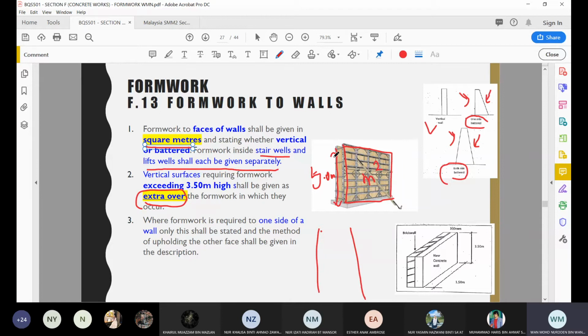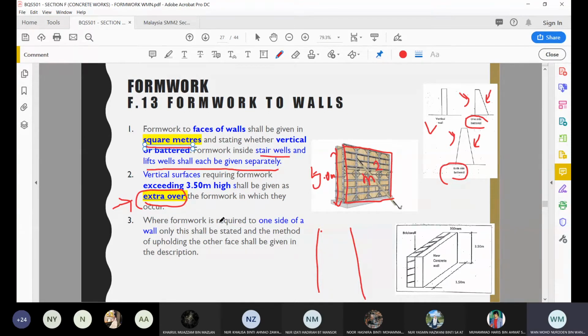So dia lebih daripada 3.5 lah. So yang balance tu shall each be given as extra over, in which they occur. Yang ni saya rasa kita pernah tengok sebelum ni. Masa kita buat concrete even, kalau kita buat wall, kalau lebih pun kita perlu measure separately lah, ataupun kita perlu allow untuk extra over untuk kawasan yang lebih tinggi daripada 3.5 meter.